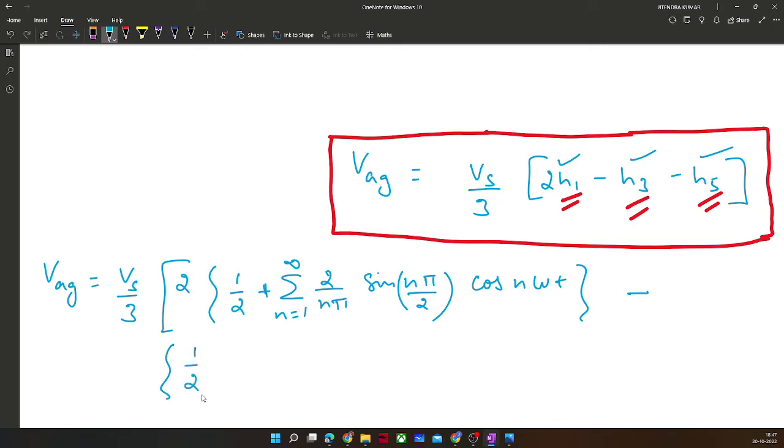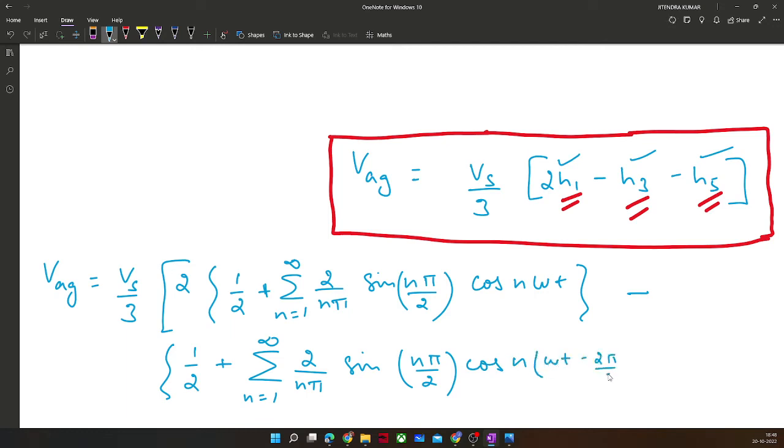Again, I will write H3 as half plus summation n is equal to 1 to infinity 2 by n pi sin n pi by 2 cos of n omega t minus 2 pi by 3.